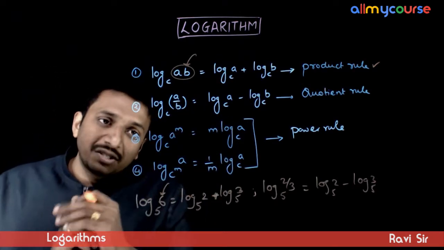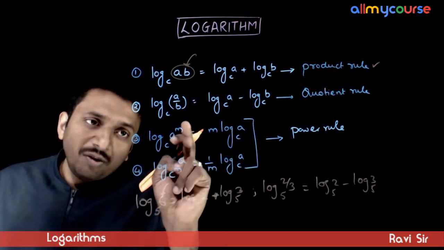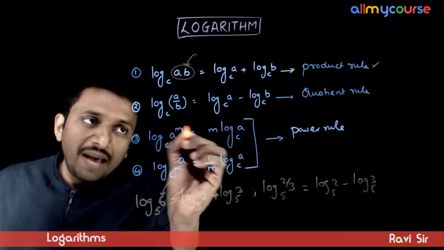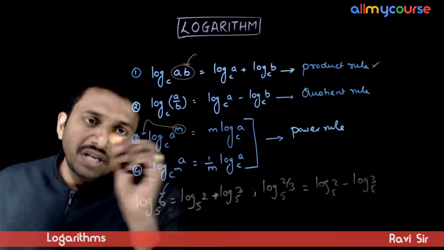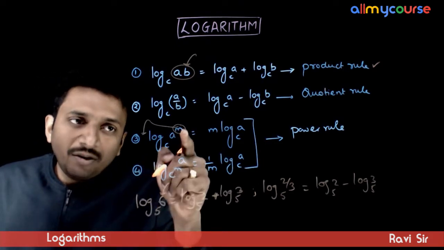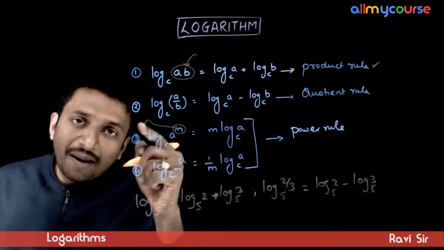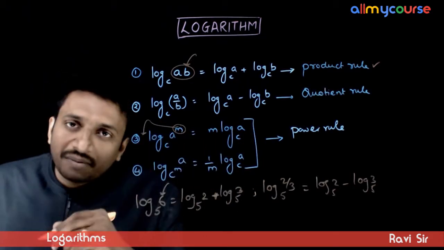And the third property is called the power rule, which says that log A to the power m to the base C is m log A to the base C. The power of this number just comes out as a multiple. The power just comes out here.